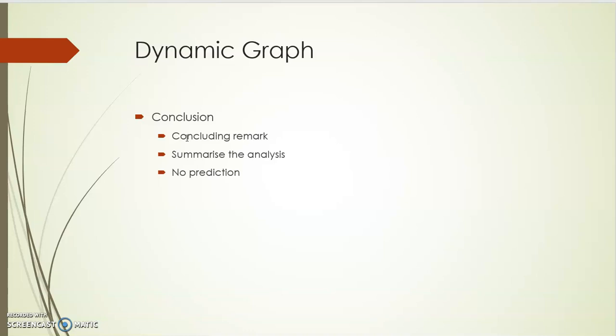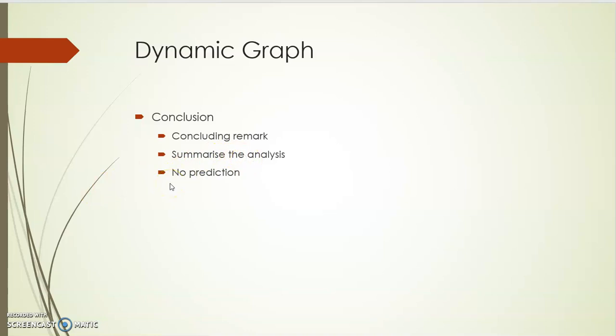Okay, so the main thing that you need to have in the conclusion is to summarize the analysis. Now, some teachers would just ask you to restate the overview or to rephrase the overview to be exact. Right? To write the same thing but to be rephrased in a different sentence. Okay, so what is actually needed is a summary of the whole analysis.